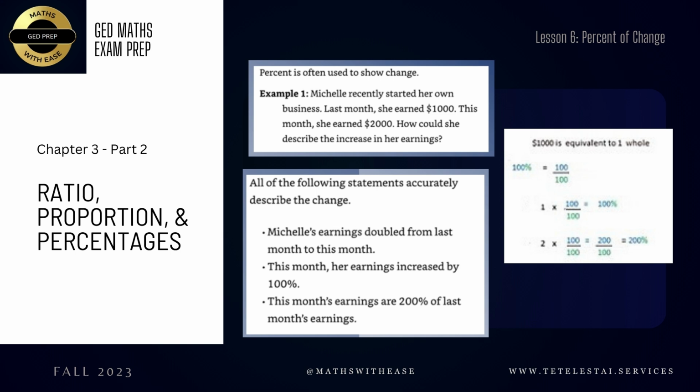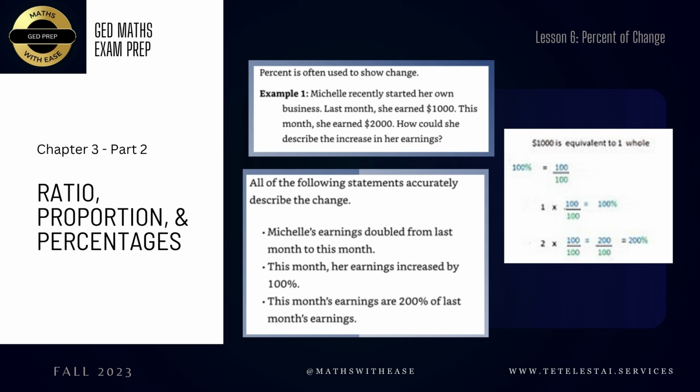Michelle's earnings doubled from last month to this month, and we know that because $2,000 is $1,000 multiplied by 2, essentially double her income. This month, her earnings increased by 100%.